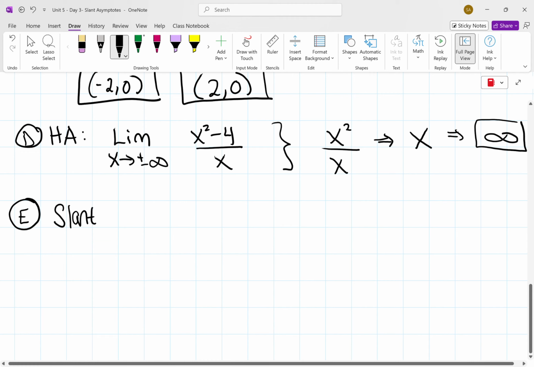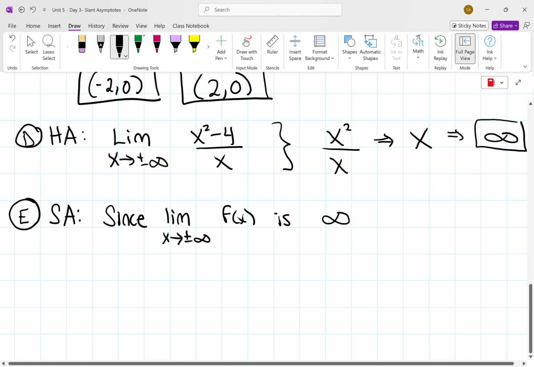So we're going to say slant asymptote, which I represent as SA, since the limit as x approaches plus or minus infinity of our function is infinity, there will be a slant asymptote. Okay, I'll let you catch up.